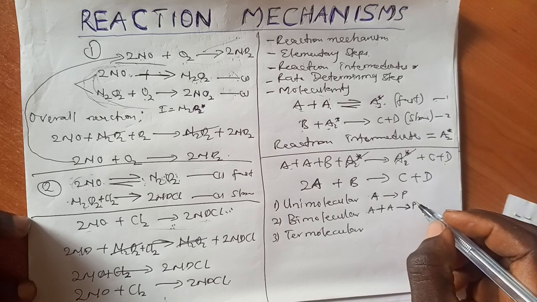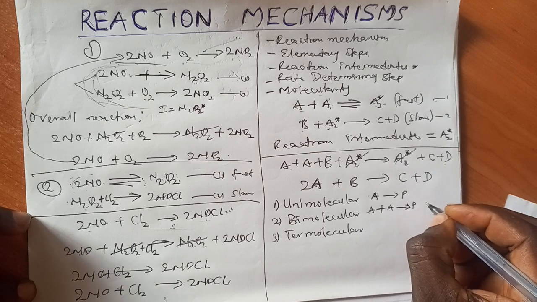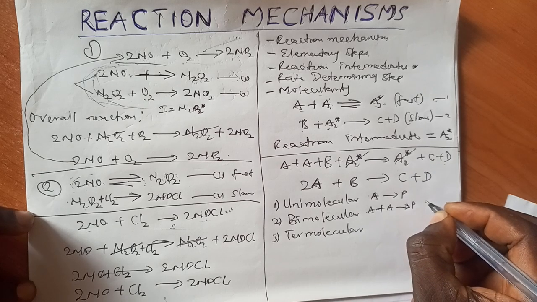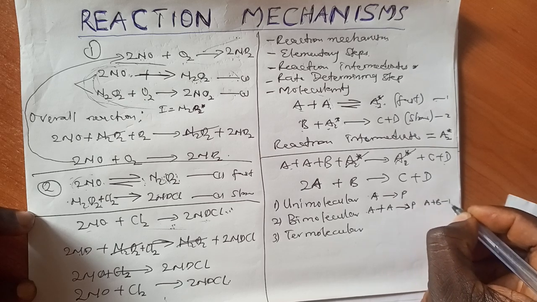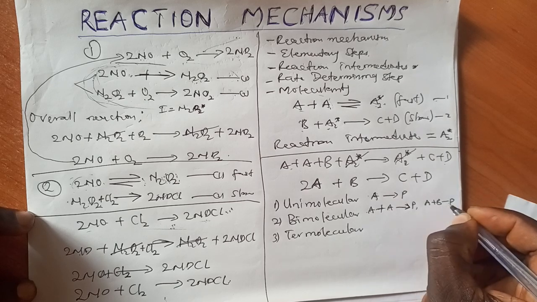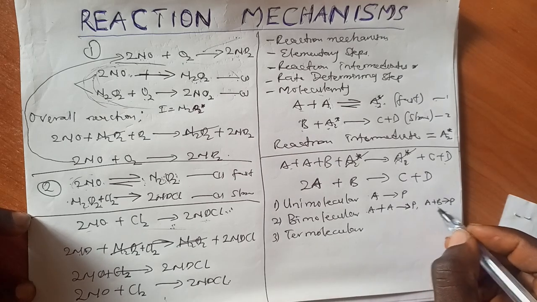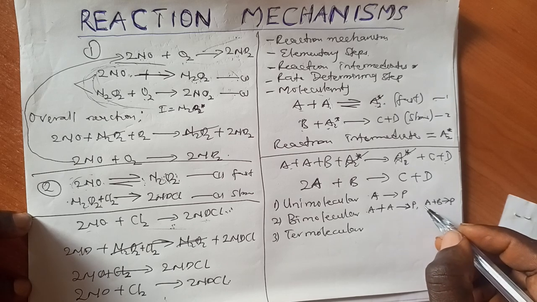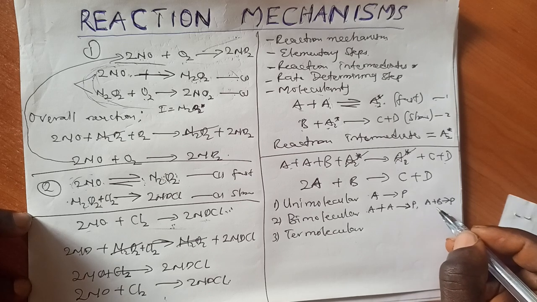In this case, you can also have different reactant species. For example, you have A plus B to give you product P. These are different reacting species. This is also bimolecular because with respect to A it is unimolecular, with respect to B it is unimolecular, so bringing them together is bimolecular.